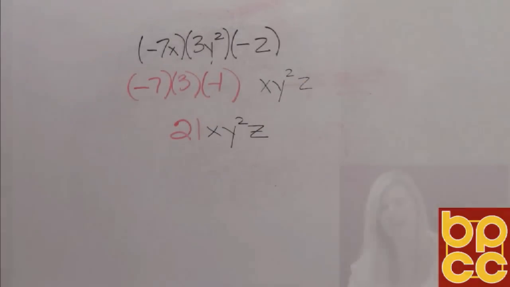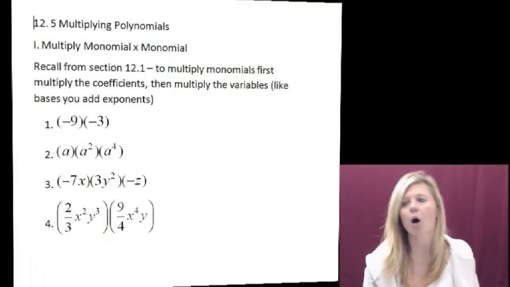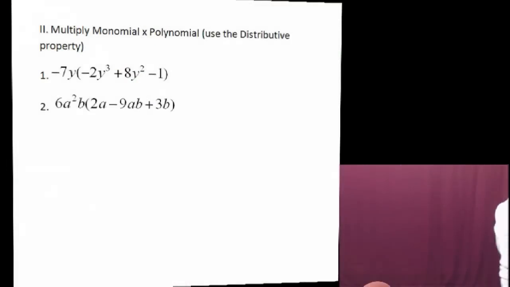If we go to our class notes, you'll recall we've also talked about this semester multiplying polynomials, more than one term. So now we're going to talk about if we have a monomial and we want to multiply it to several terms, a polynomial. So we're going to look at expression 1.